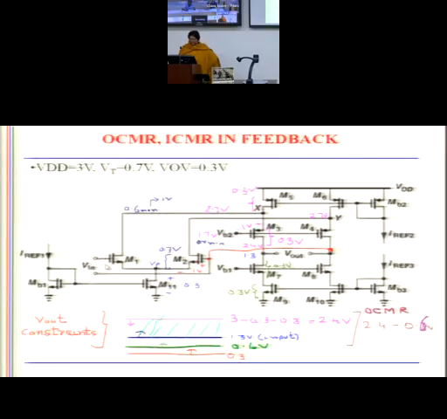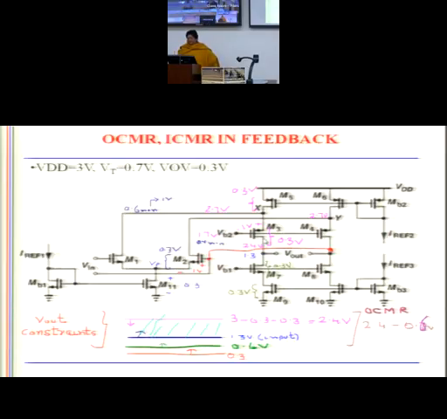If it is 1.3, the drain voltage will be minus 1 VT, which is 0.3.